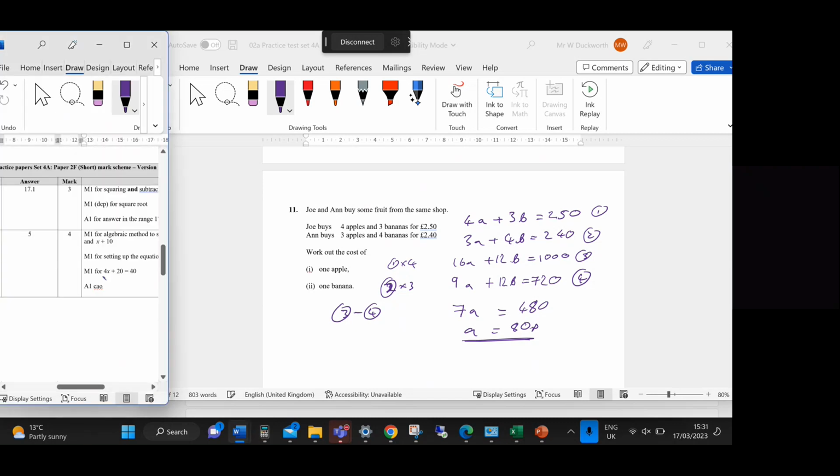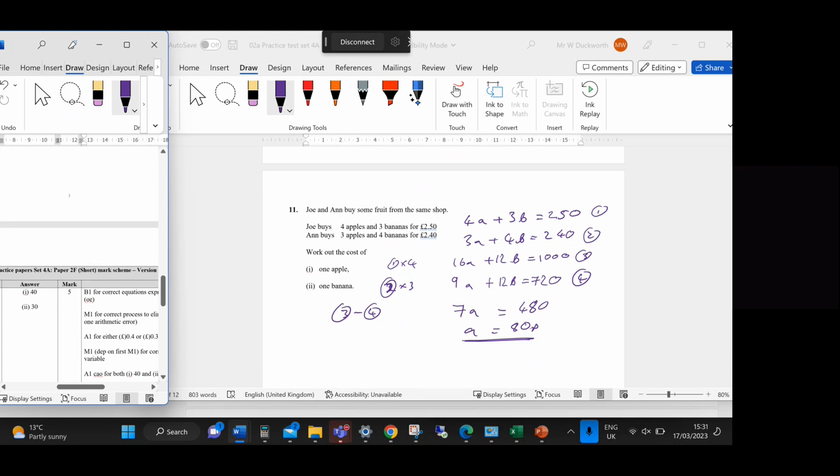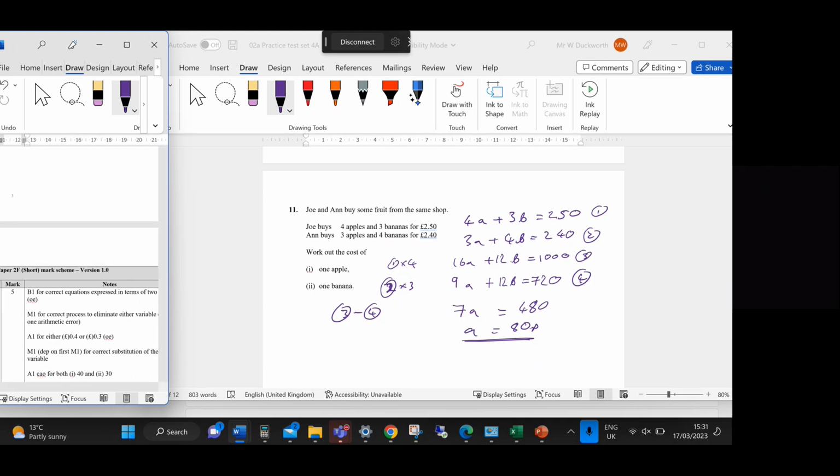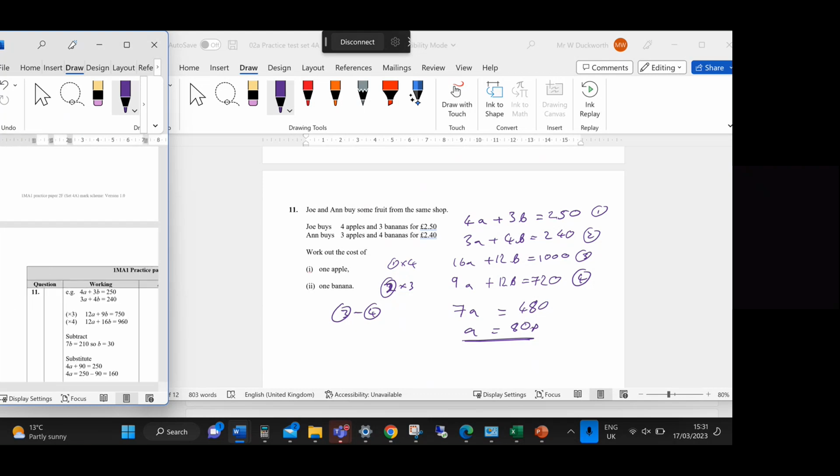Let's just double check. Right, it's just that I've made a mistake. Let's see if I can spot where the mistake has come from.